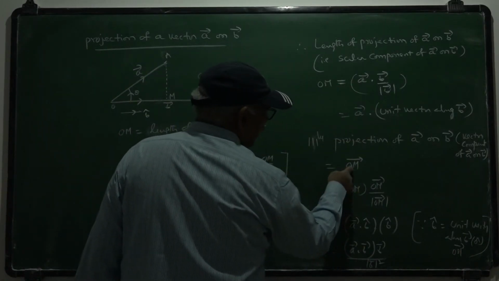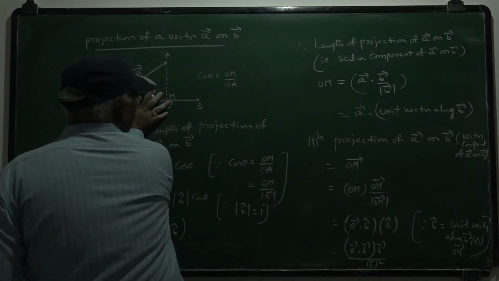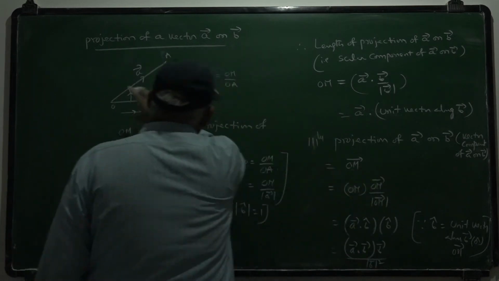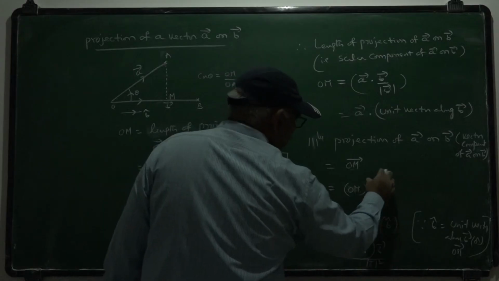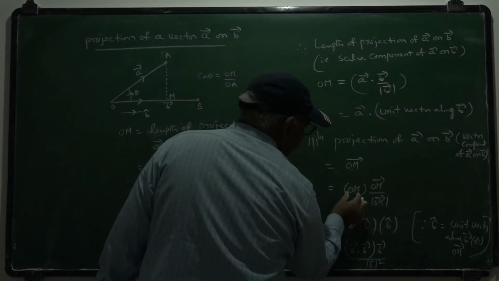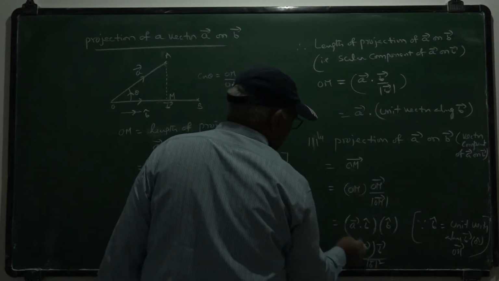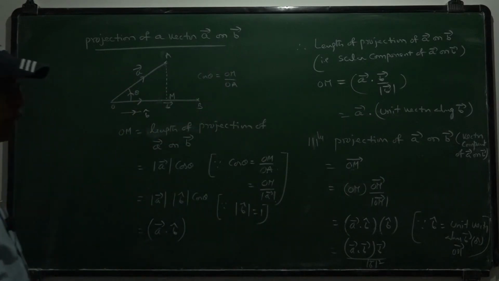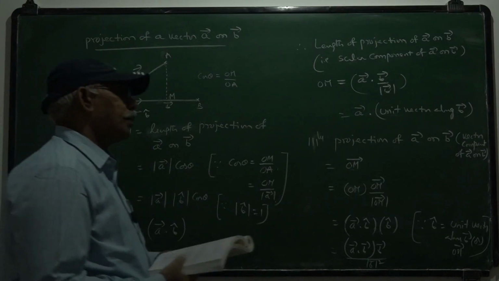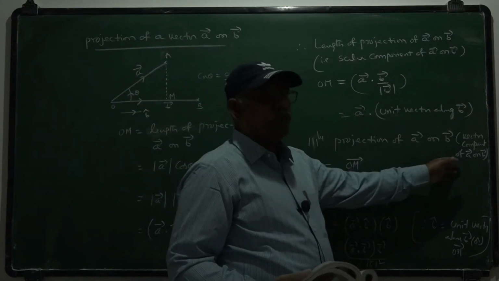Hence, I am taking the magnitude of that vector OM multiplied by the unit vector in the direction. The unit vector in the direction is B cap. OM is nothing but A bar dot B cap. Hence A dot B multiplied by B by modulus of B square gives us the projection of A bar on B bar, the vector component of A bar on B bar.